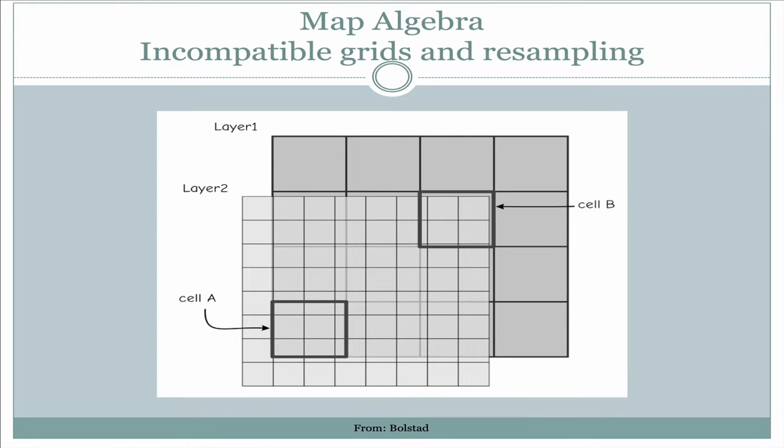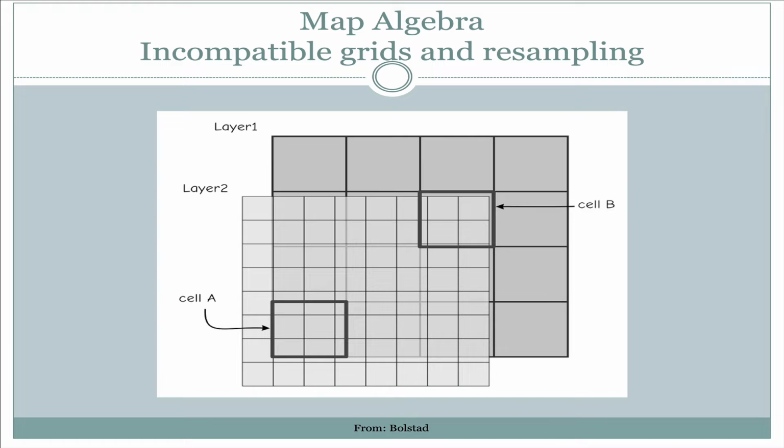If we have grids of different sizes, such as layer 1 and layer 2 in this example, that will mean the grid cells are of different sizes, but also they're offset from each other. It's not even like 4 grid cells from layer 2 fit into one grid cell of layer 1.